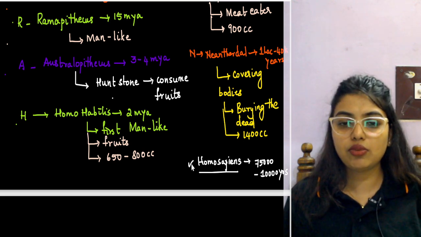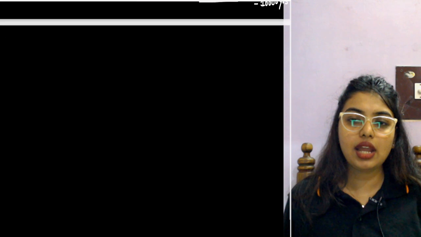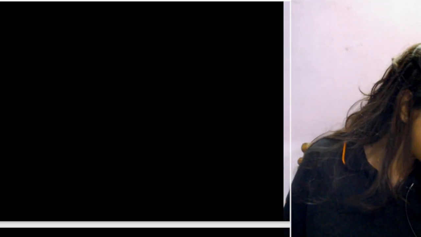So these are Homo sapiens, that is us, who have more brain capacity, and who are able to understand the culture and understand different things. Yes or no? Now we are done with evolution. I'll just check your NCERT as well if we missed something.